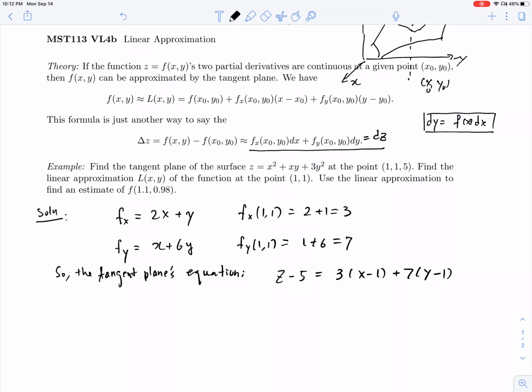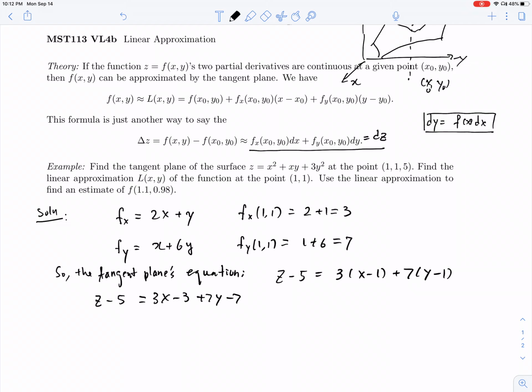If we want to write the equation in standard form, we can do a little bit of computation. So z minus 5 is equal to 3x minus 3 plus 7y minus 7.